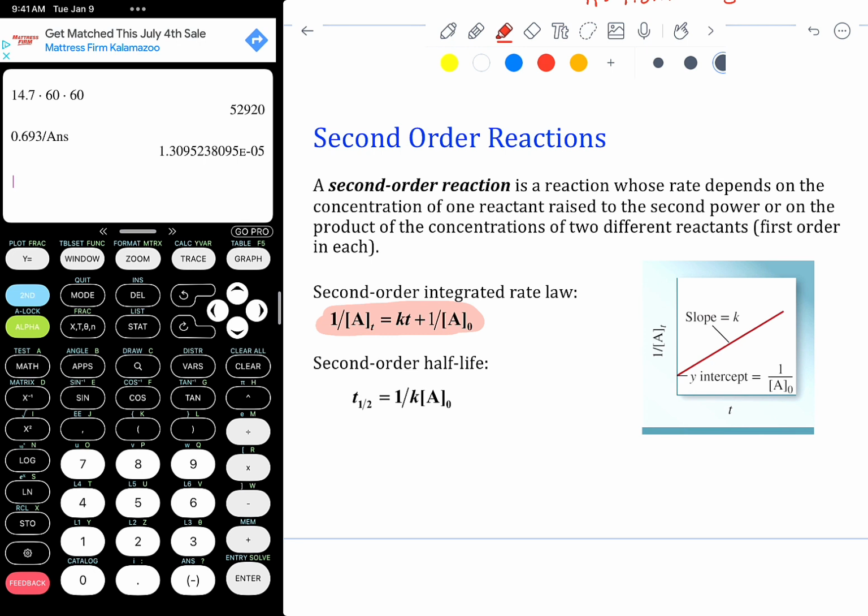And the second order half-life is equal to 1/k times the initial concentration. So now we no longer have those natural logs in there. But again, these are just the two equations that we're going to utilize for the integrated rate law and the half-life. And as long as we know our values, we can solve for our unknowns.